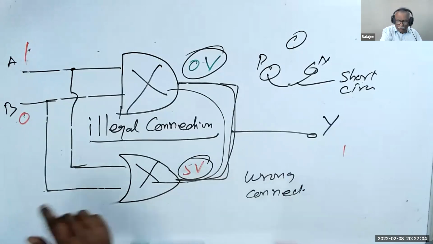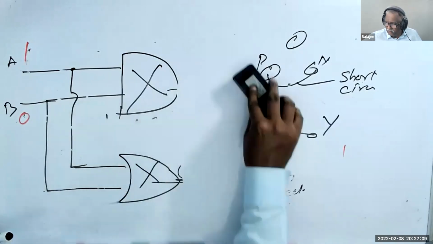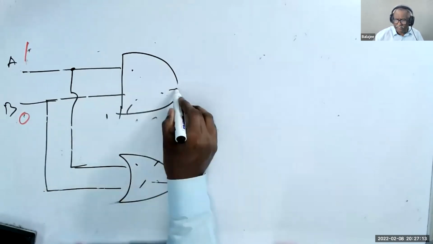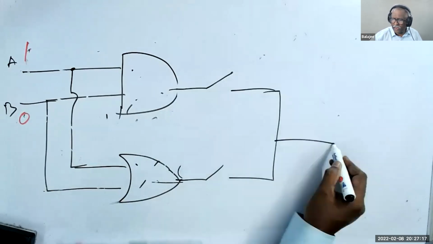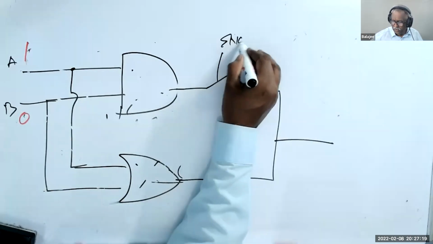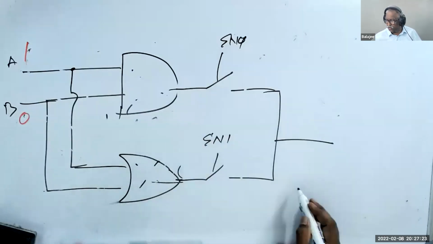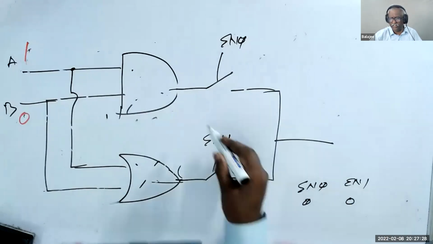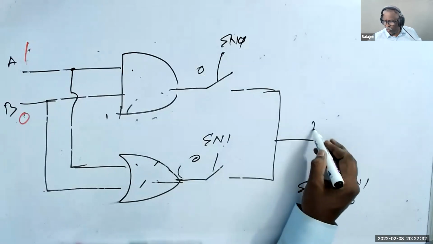But how can you connect them? You can connect the other way. I put a tri-state switch, with enable 0 and enable 1. When both enables are 0, the output is no voltage.